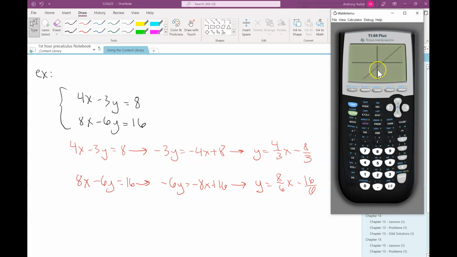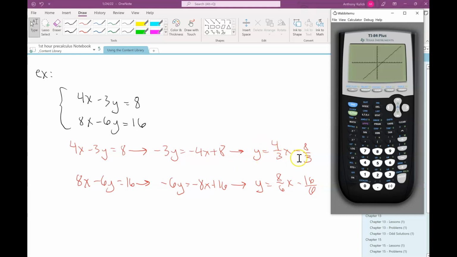I'm just going to check to see if I get the same number when I plug 0 in for x. And if I get the same number in both equations, then I know they're overlapping. And if they're different numbers, then it's probably the line just is off the screen, and I'd have to do some adjusting on the window.